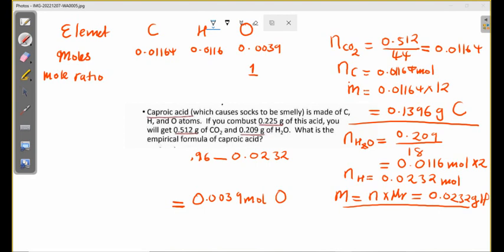Try to divide again, confirm what you found. 2.97. It will be the same with this one because they are basically the same. So this one you can just round off. This is a 3. Even this one is a 3. And then this is the 1. Therefore, the empirical formula is C3H3O.